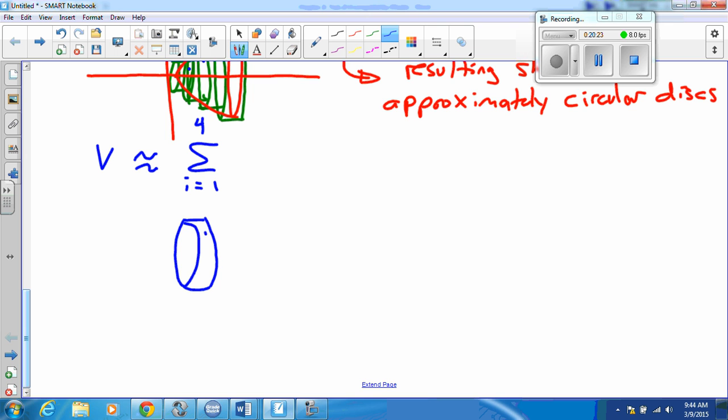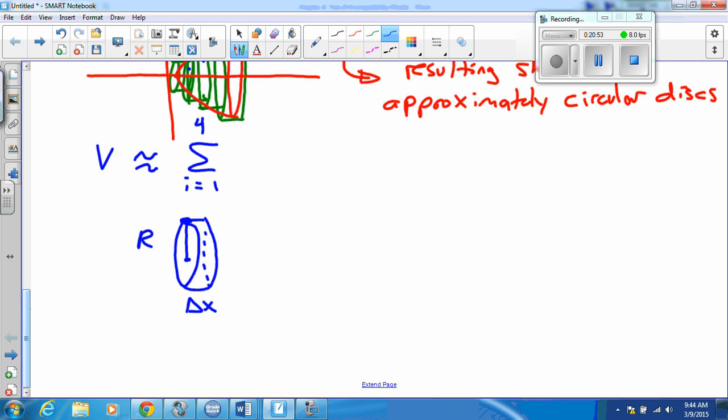If this is a circular disk right here, like so, then it's going to have a width, and the width of my circular disk is going to be the change in x along that x-axis right there. And the radius of my circular disk, well, let's call it r for now.